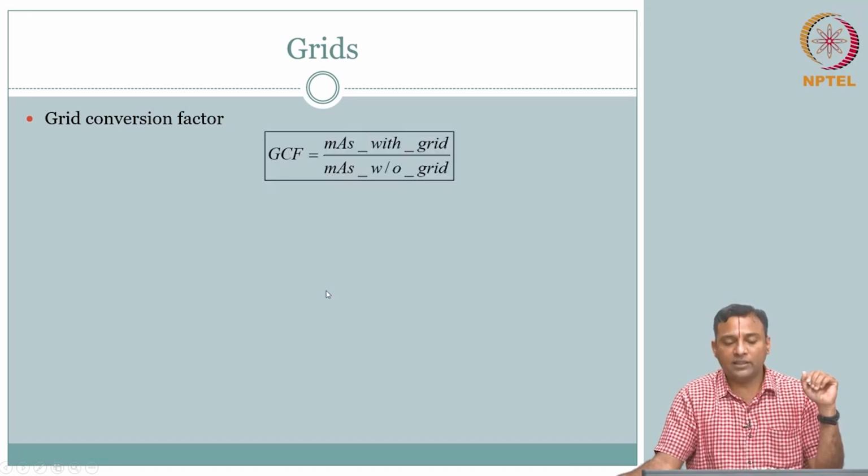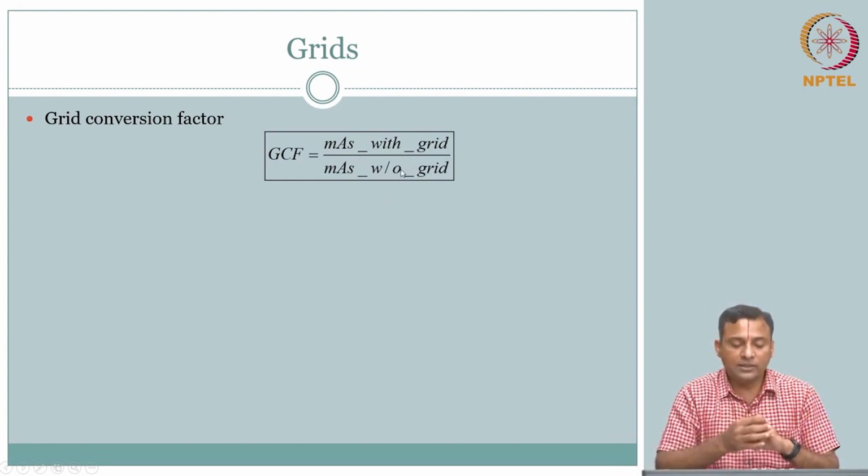So, we have what is called the grid conversion factor. What is the grid conversion factor? It is the mAs. What is mAs? Current times time: mA, milliamperes, the tube current, times s, your time. That had to do with our exposure. So, it is the exposure with grid to exposure without grid. What does this convey?